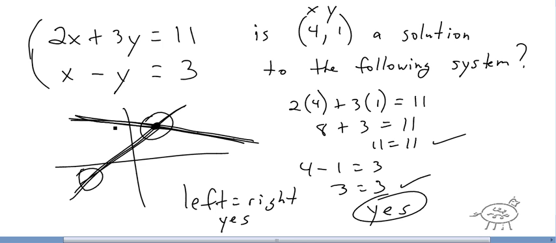Now what we're going to do is, I'm going to give you guys a bunch of equations, and we're going to graph them, and you're going to tell me whether or not it is a solution. So let's start out with a nice friendly problem here.